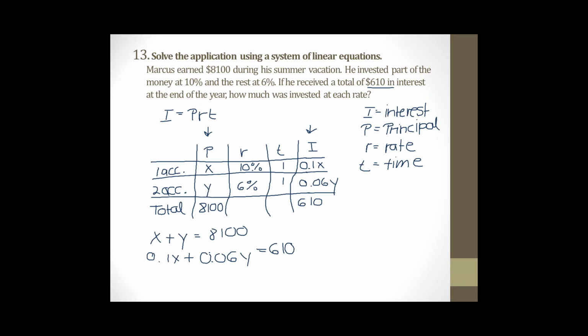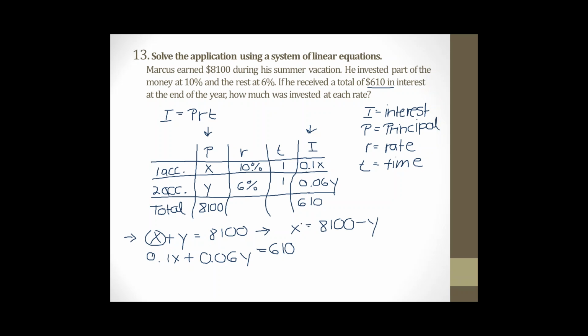Now I need to decide on either choosing the elimination method or the substitution method. I think I prefer the substitution method. So I'm going to solve this first equation for x. So moving y over to the other side, I would get x is equal to 8,100 minus y.